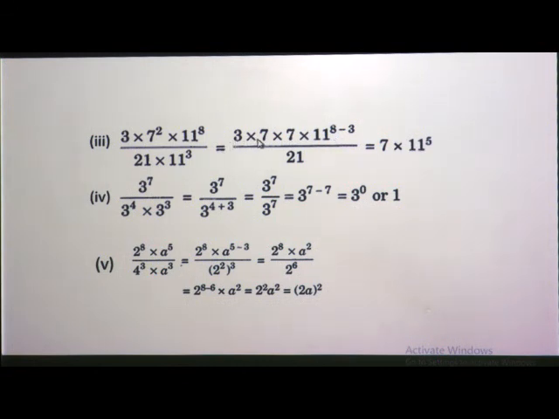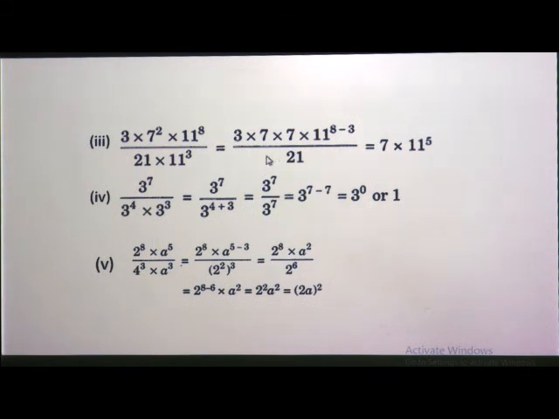So, after doing this, 7 into 3 into 7, what can we do? We can reduce here: 7 ones are 7, 7 threes are 21, here 3 gets cancelled. So, what is left? Only one 7 is left after reduction.